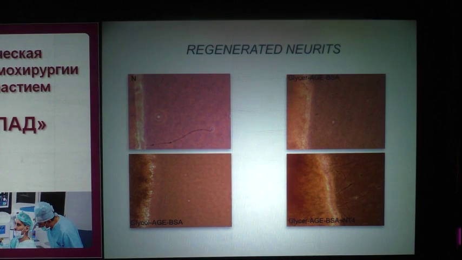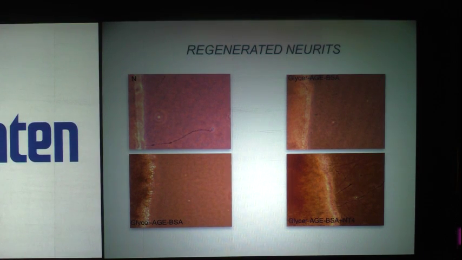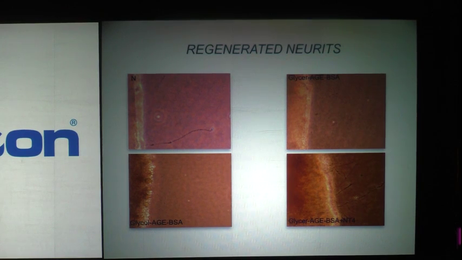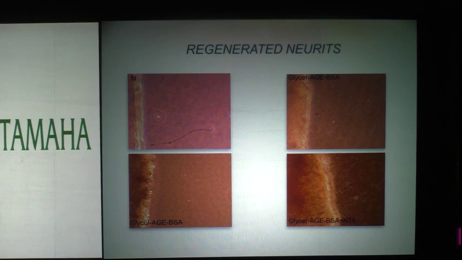So here are the regenerated neurons. The pointer doesn't work. So the normal one is presented above, and you can see the length of it with a growth cone, and under the advanced glycation end products exposure, the number of neurites was decreased, and as you see, they are much thinner and weaker.